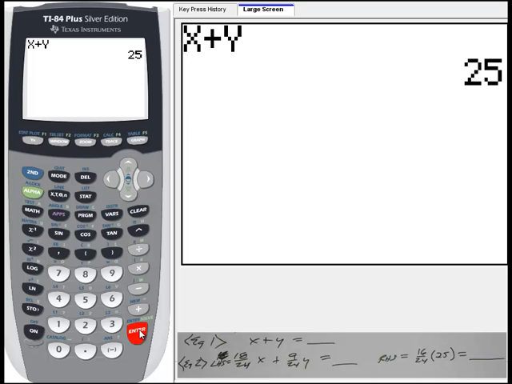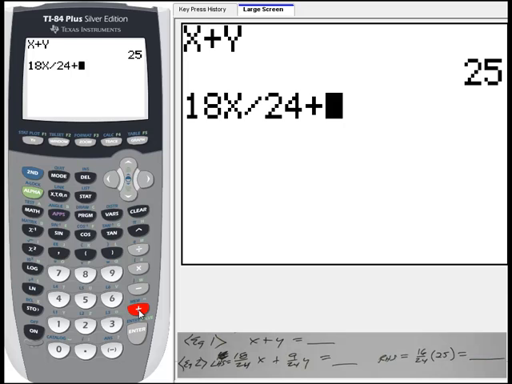The second equation, its left-hand side has 18x divided by 24 plus 9y divided by 24.